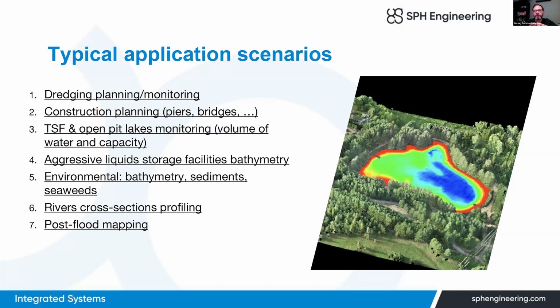So if you want to build a 3D model of everything under the water and above the water, you can easily combine LiDAR or photogrammetry data with data gathered using single beam or multi-beam systems. It's a very simple and straightforward process.